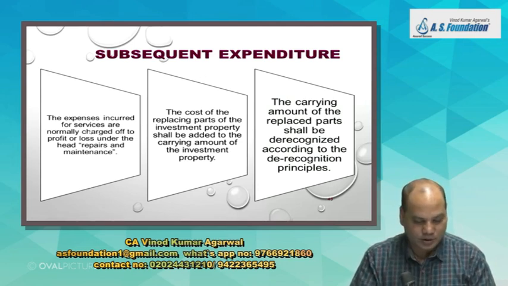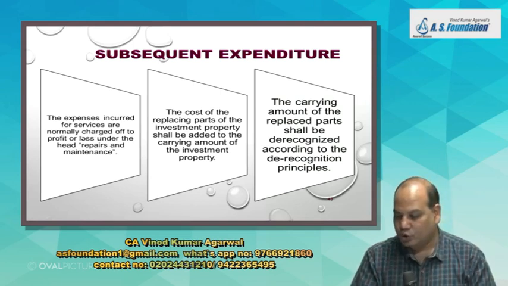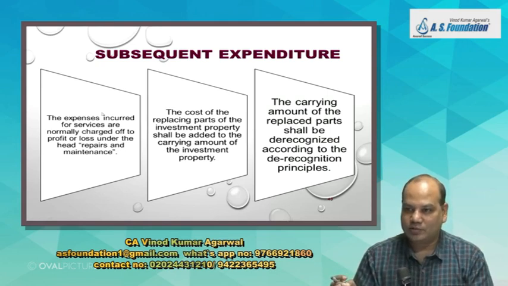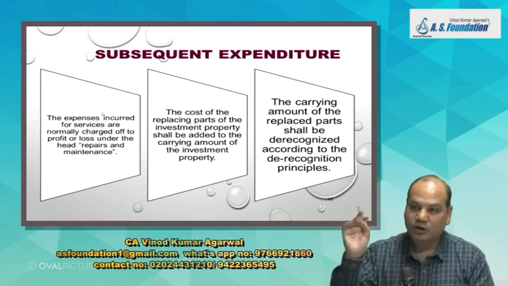The first principle says the expenses incurred for servicing are normally charged to profit or loss under the head repairs and maintenance. But again, they have used the word normally. If it justifies being capitalized, then in that case we'll capitalize it.